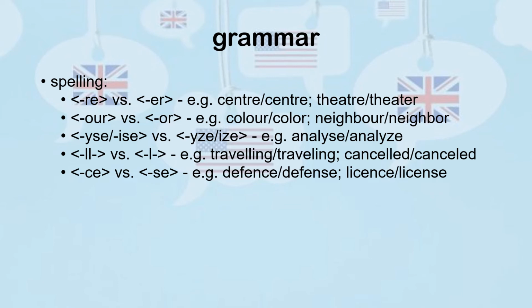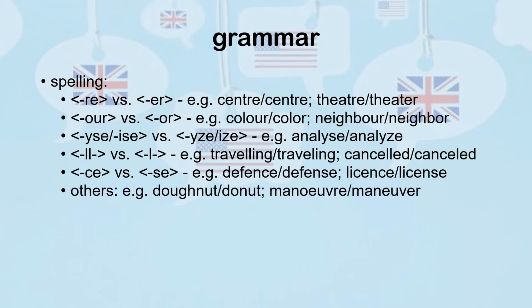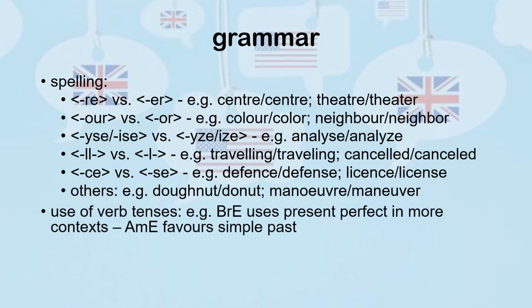Another difference in spelling, words ending in CE or SE. British English, defence with a C, American English with an S. Same with license. And there are many other differences in spelling. A few more examples: doughnut, British English, donut, American English, and manoeuvre, British English, maneuver, American English.